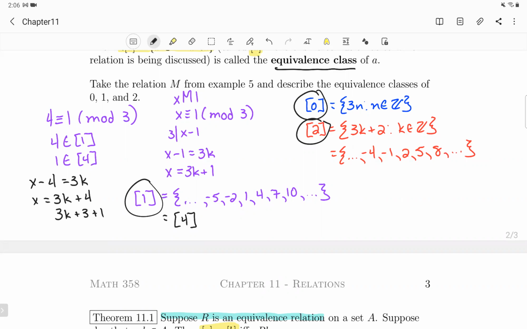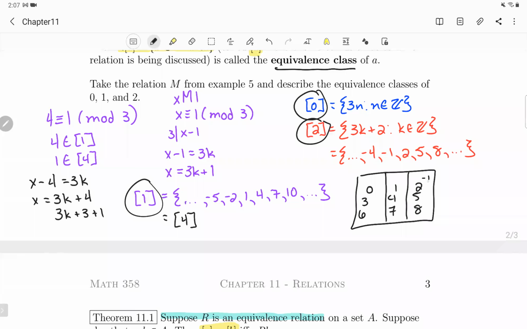And we also said they'll never overlap. So these kind of split the integers into 3 groups, right? I'd have 0, 1, 2, 3, 4, 5, 7, 8. I could do negatives as well: -1, -2, -3. That's what we mean by a partition.